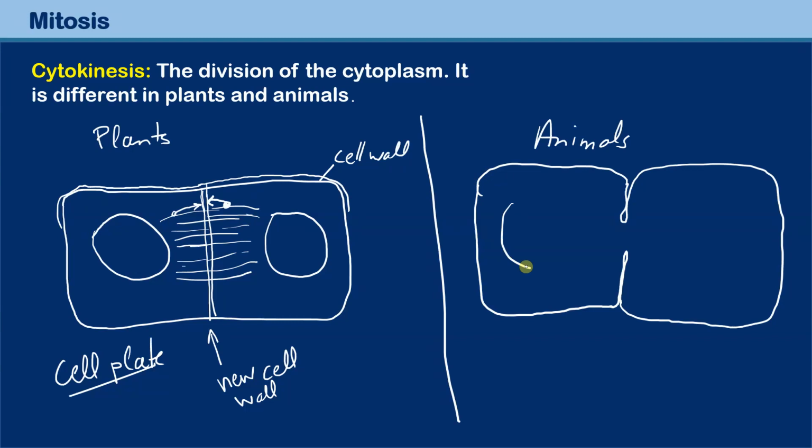And over here I have a nucleus again and a nucleus again. It's possible because there's no cell wall over here, and what do you think is going to happen? It starts to move towards the center until the membranes join up, and then you have two cells, and that's pretty much it.